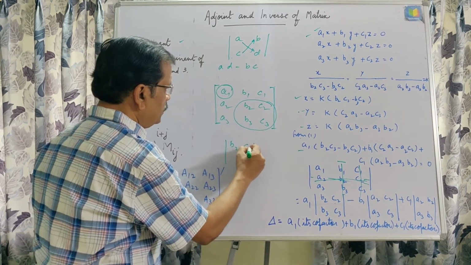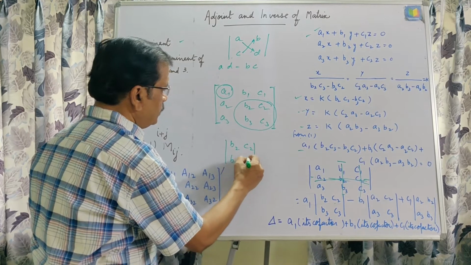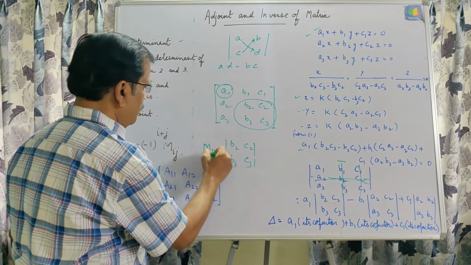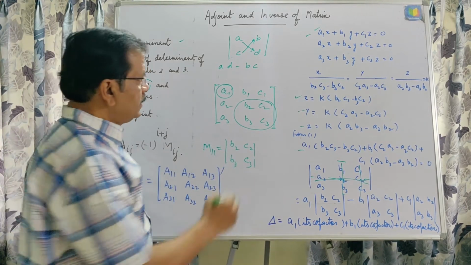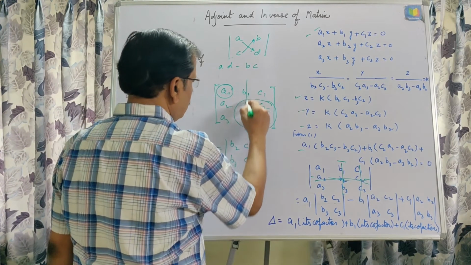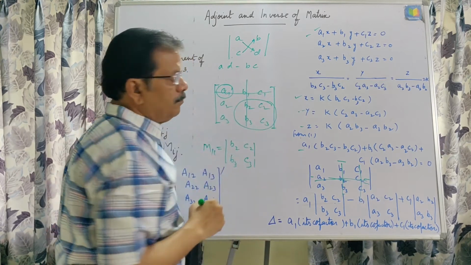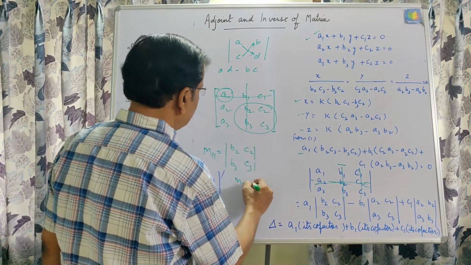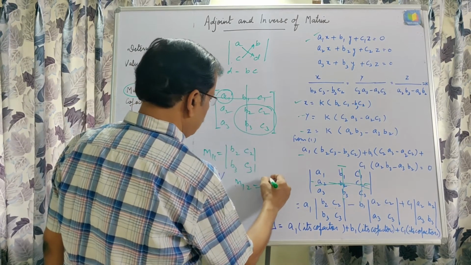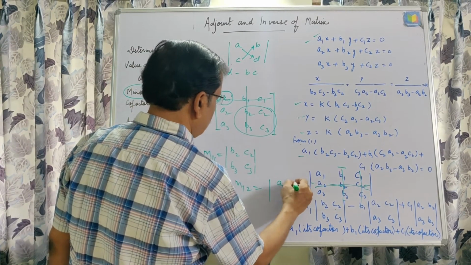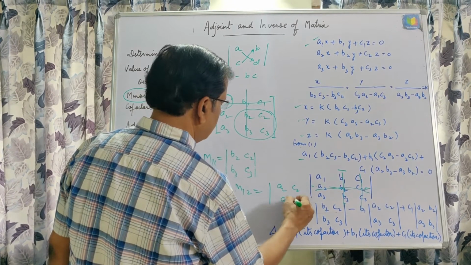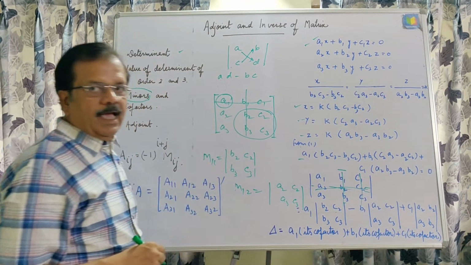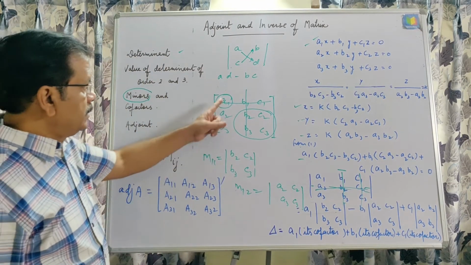This is the value of M11. In the same way, for M12, this will be cancelled and we get M12 is equal to A2, C2, A3, C3. This way we can find the minor of any element in this matrix.